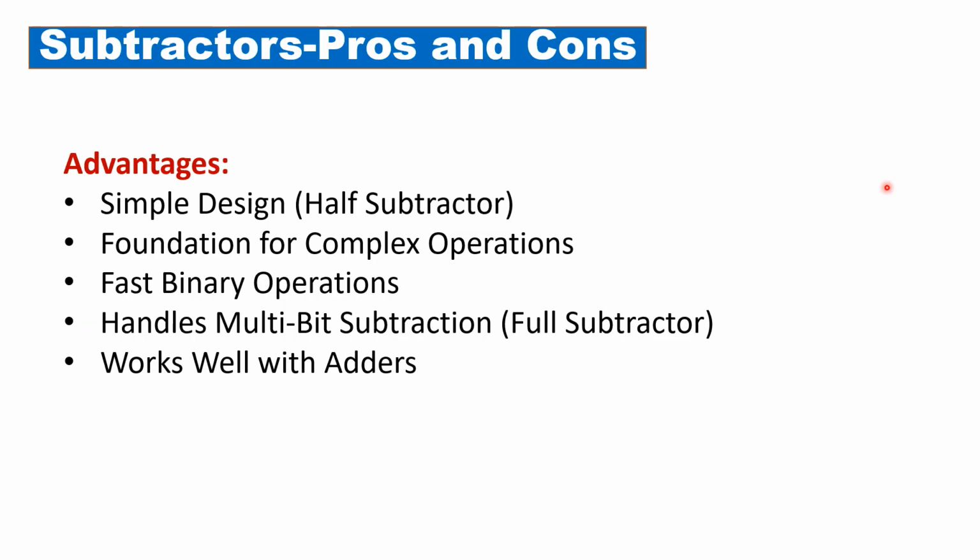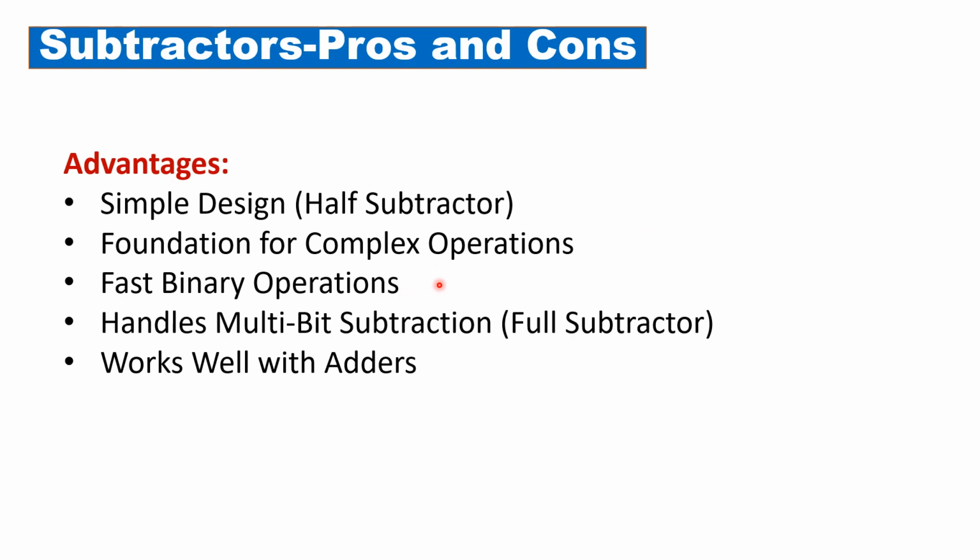Here are the advantages of half subtractor and full subtractor circuits. Simple design: half subtractor is easy to implement for basic single bit binary subtraction. Foundation for complex operations: it is essential for building more complex circuits like ALUs.